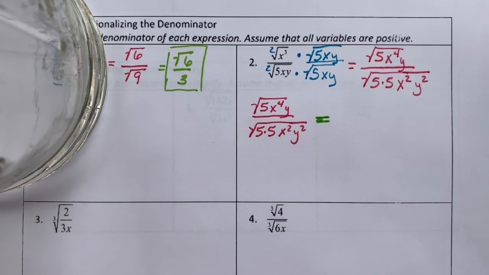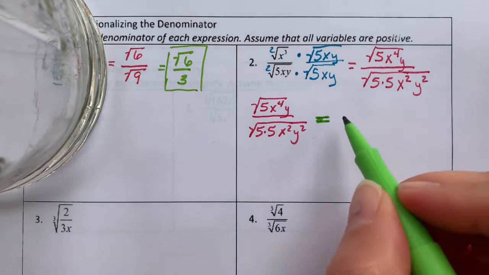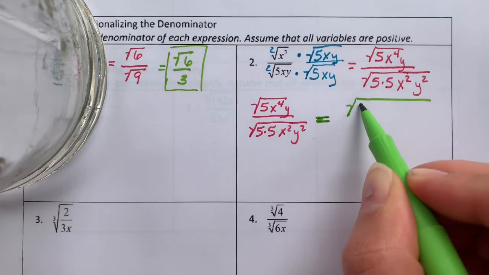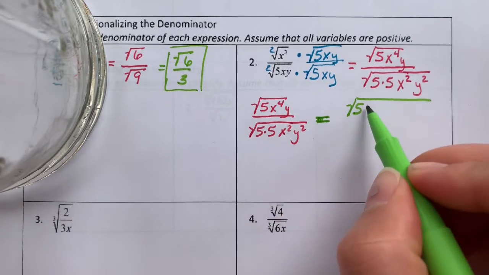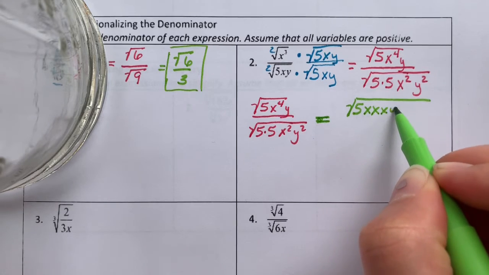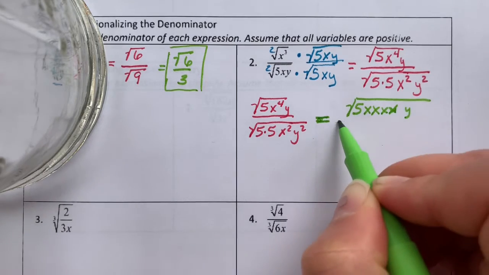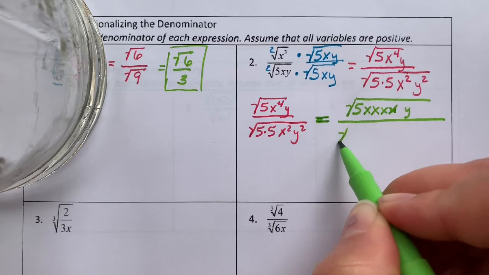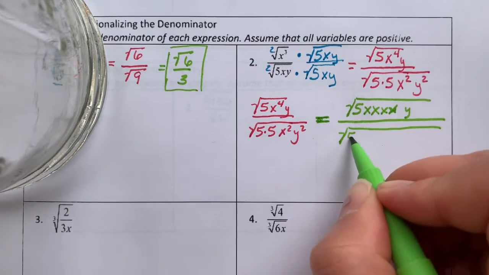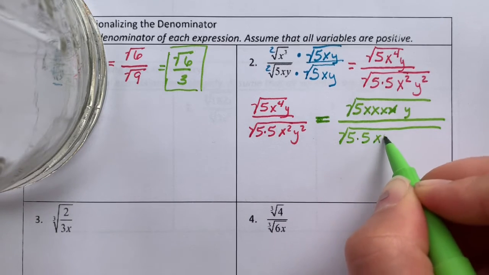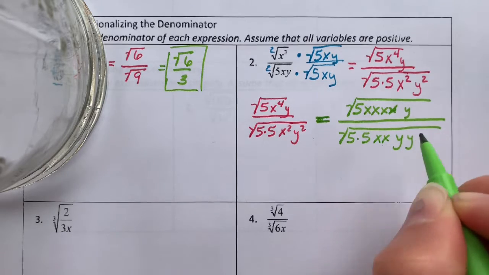Equals. I'm going to rewrite this so that we can see what we've got. I have the square root of 5, and then I have 4 x's: 1, 2, 3, 4, and a y. And then on my bottom, I have 5 times 5, 2 x's, and 2 y's.